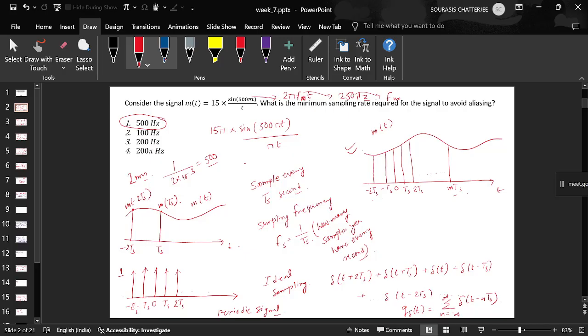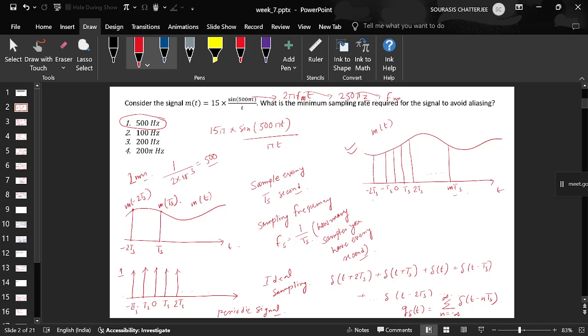If you look at this analog signal here, which I have drawn for you, this is m(t), a function of t, an analog signal. So there are infinite points, right? Now when I talk about the digital domain, we are talking about a finite number of points. So that is why we plan to sample the signal at certain intervals.